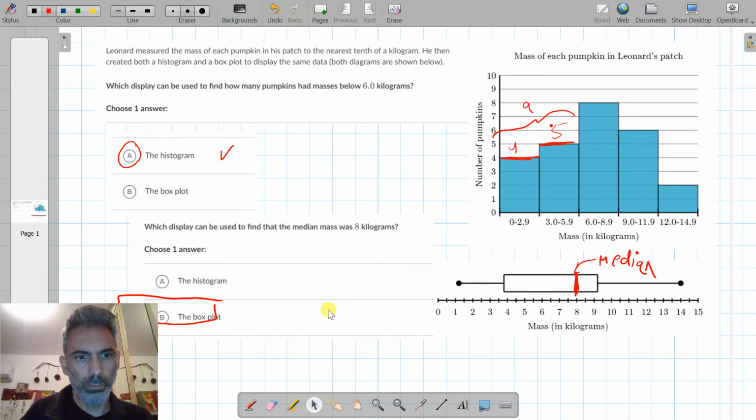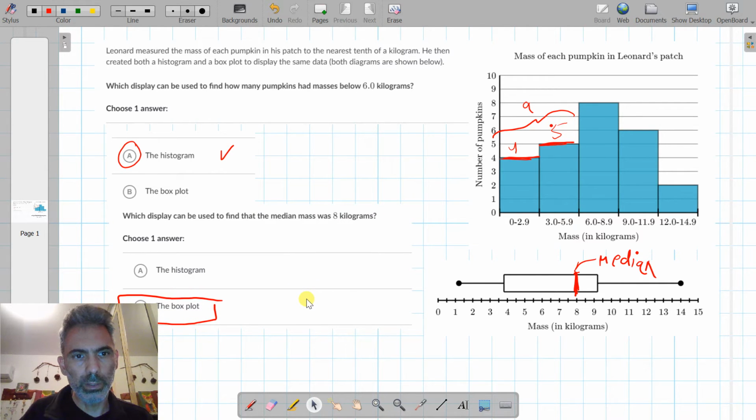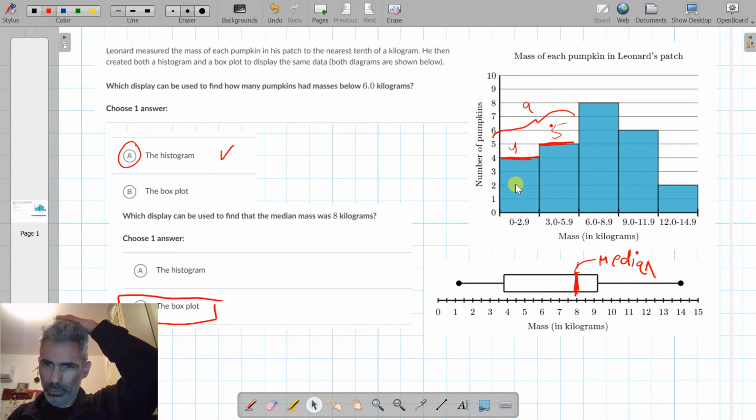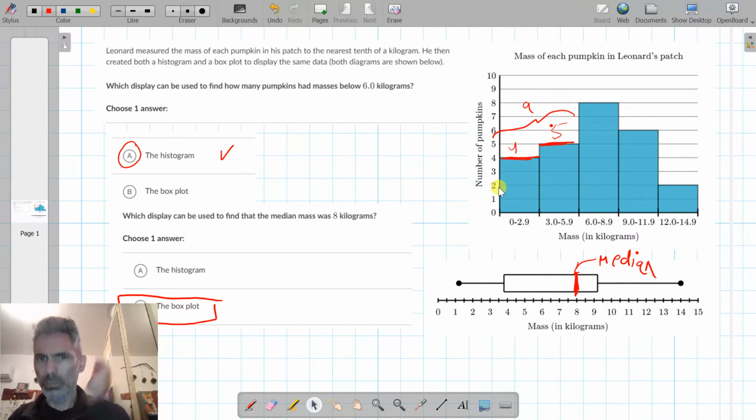Let's see if we can also find the median in the histogram. We don't know.